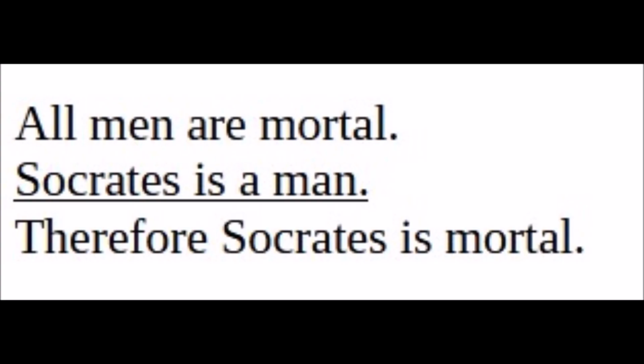A popular example of an actually valid one is: all men are mortal, Socrates is a man, therefore Socrates is mortal. In a syllogism, there are three terms that are each used twice in different combinations.